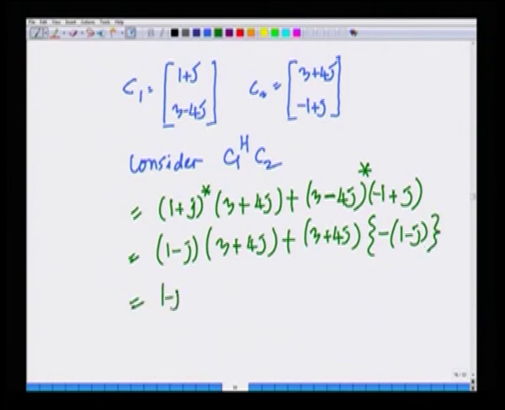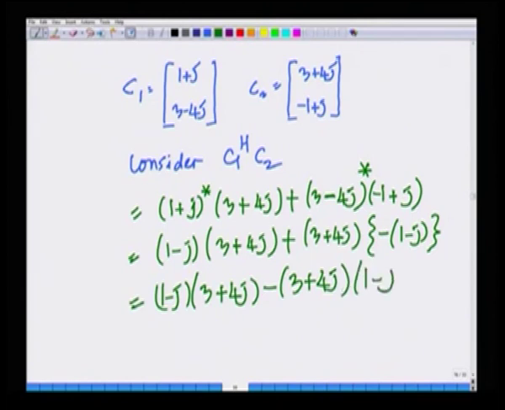This is nothing but 1 minus j into 3 plus 4 j minus 3 plus 4 j into 1 minus j, this is 0. So, C 1 and C 2 are orthogonal.